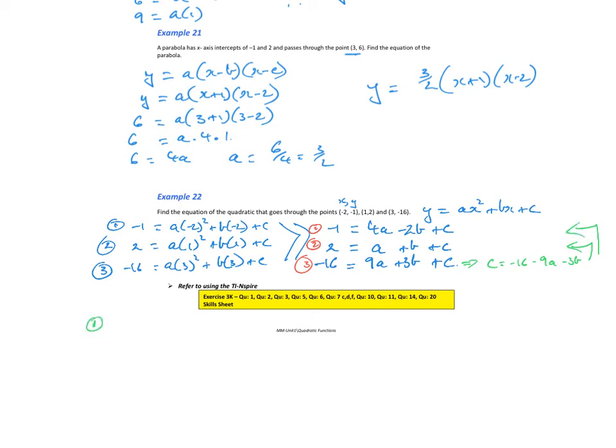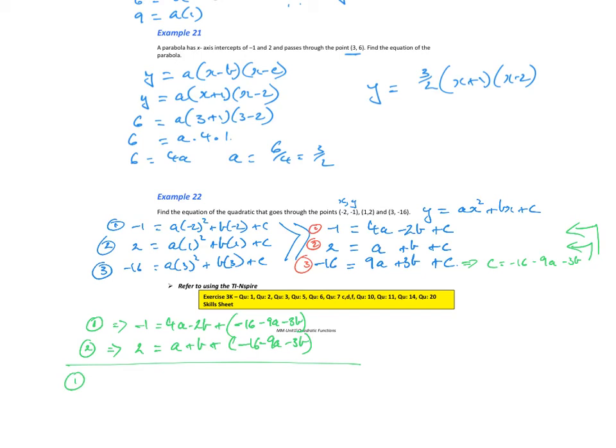So that means equation 1 becomes -1 is equal to 4a minus 2b plus whatever c is. And c is -16 minus 9a minus 3b. And equation 2 becomes 2 is equal to a plus b plus whatever c is, -16 minus 9a minus 3b. So now all of a sudden I've got 2 equations and 2 unknowns.